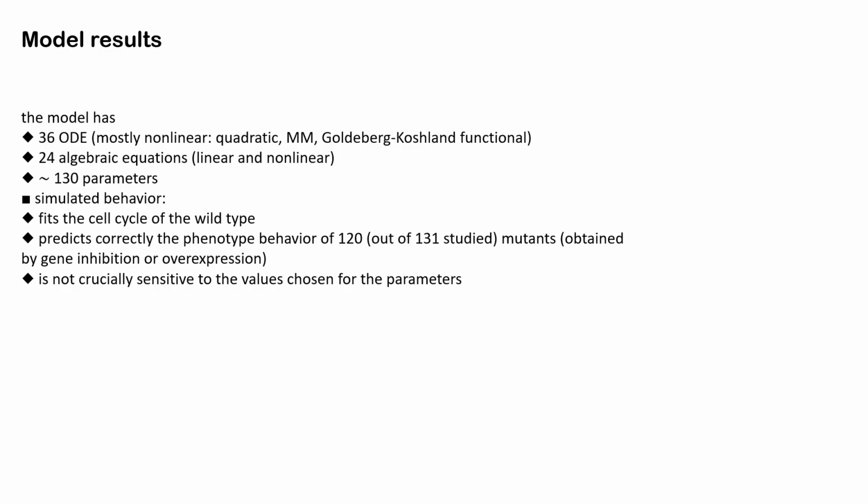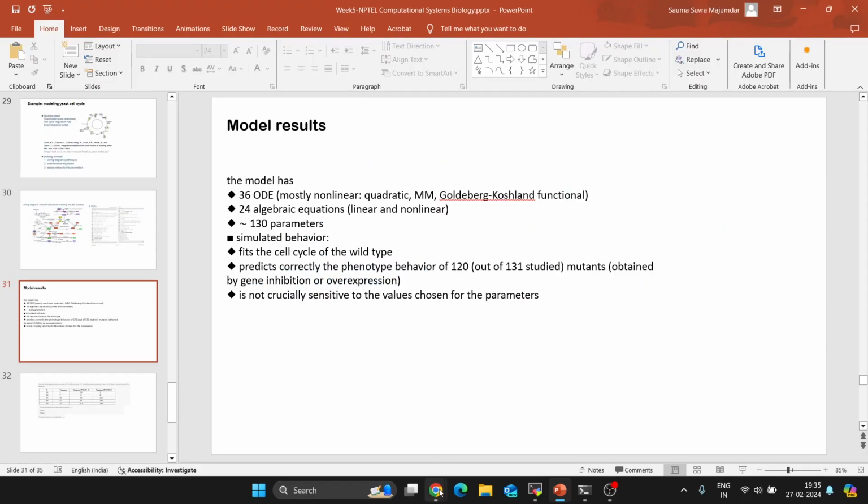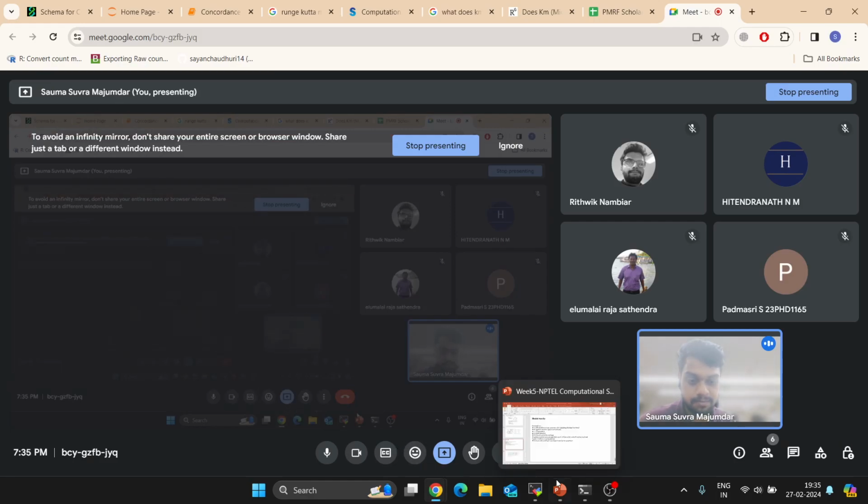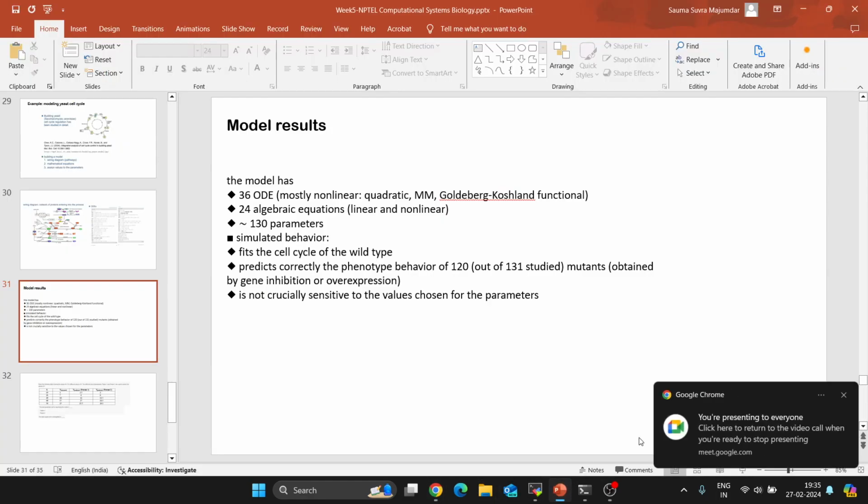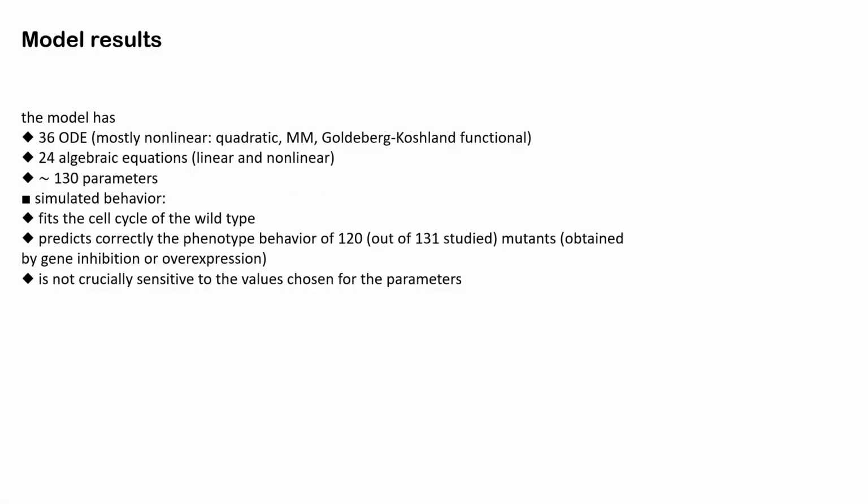If you can model mutations and correctly predict 120 out of 131 mutants, it's a big deal. It means your model is very robust and is basically not sensitive to the values of the chosen parameters.